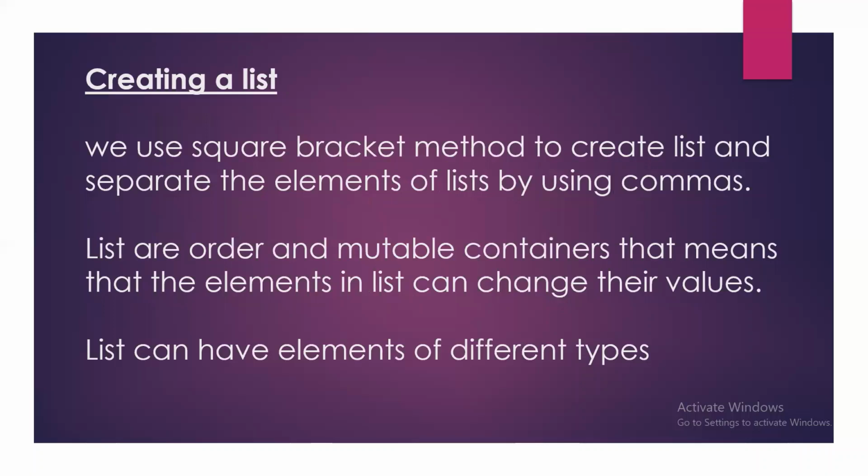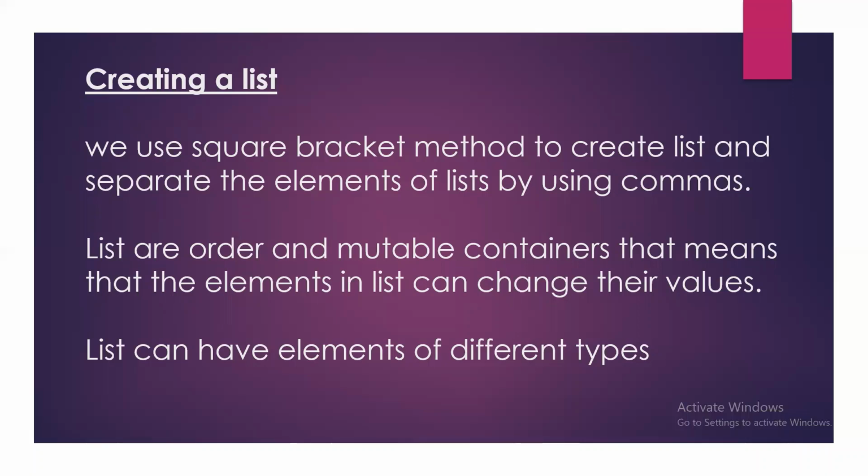So let's see how we can create a list. We use the square bracket method to create a list, and inside the square brackets, we list the elements of the list and separate each element using a comma between them. Lists are basically ordered and mutable containers, which means that the elements of a list can change their values.